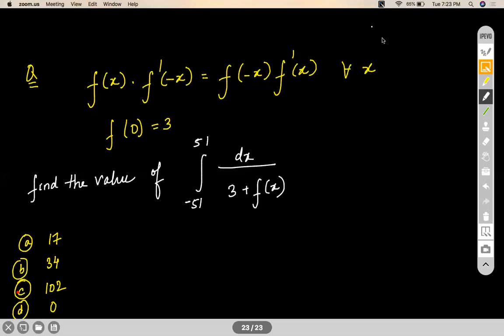f of x times f dash of negative x is equal to f of negative x times f dash of x.